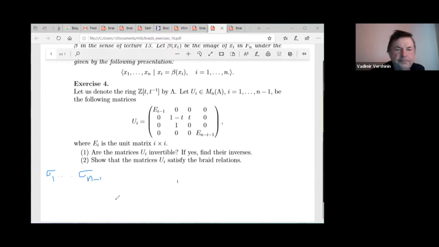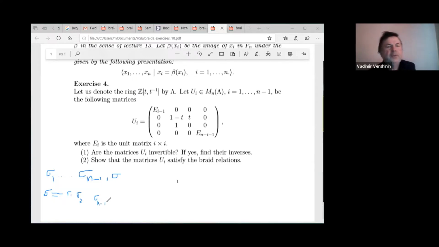Then I add a new generator and a new relation, that sigma is equal to sigma 1, sigma 2, ..., sigma n minus 1.